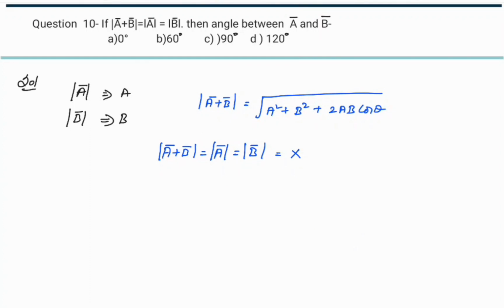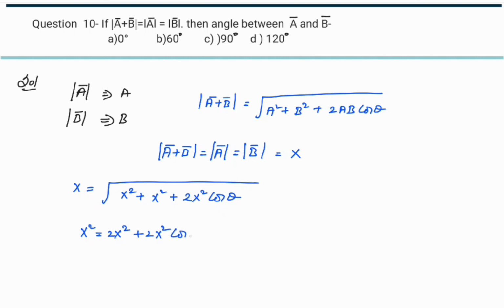Now put the values and you will get the answer. Here x will be equal to under root of x square plus x square plus 2x square cos theta. If theta is the angle between the given vectors, then x square will be equal to 2x square plus 2x square cos theta.